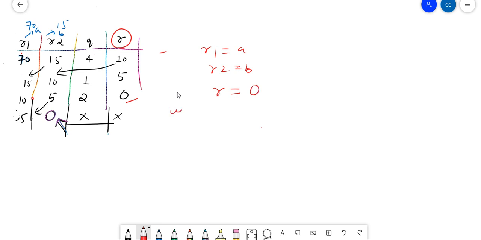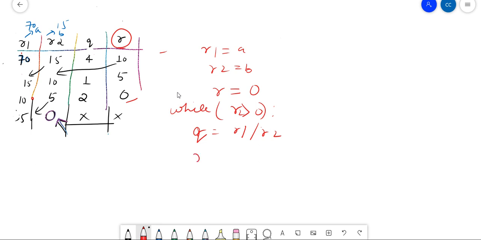r is 0. Now I will run the loop while r2 is greater than 0. Now q, that is the quotient, equals r1 divided by r2.